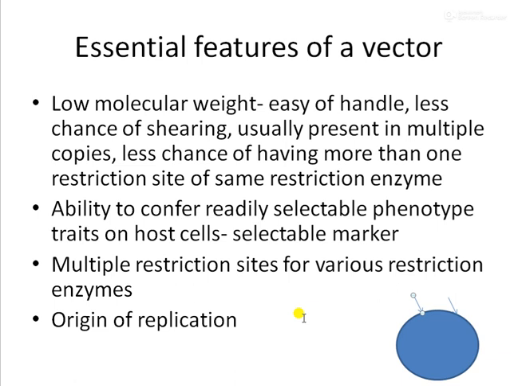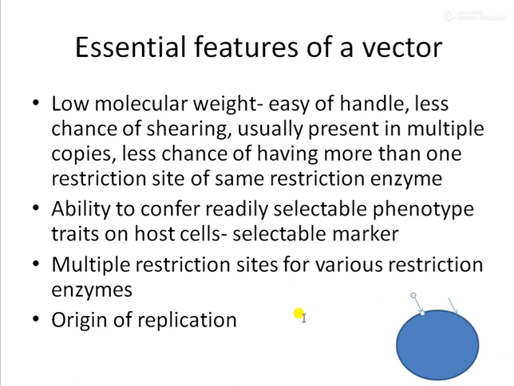So, if a cell has that particular plasmid, the cell also gets the property of antibiotic resistance encoded by that plasmid. In such a case, the antibiotic resistance is considered a selectable marker for that particular plasmid.